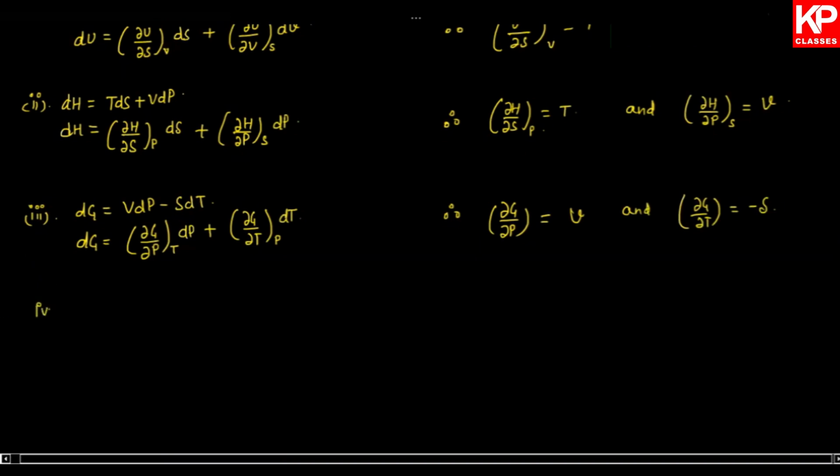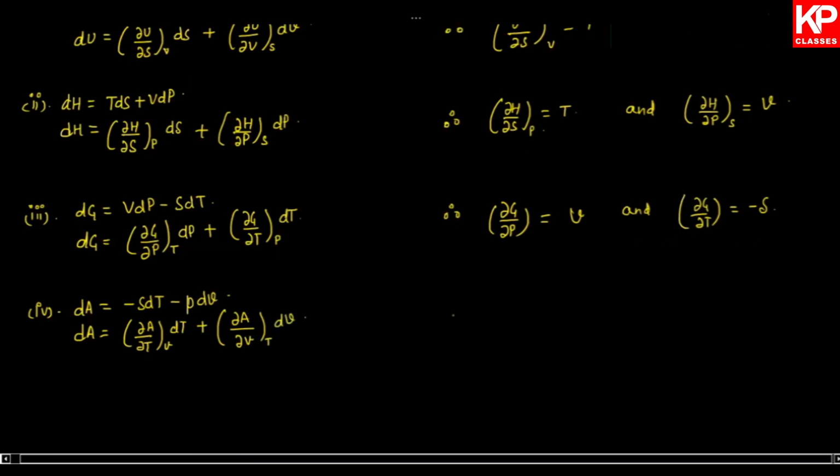Similarly, for the fourth expression, that is for the Helmholtz function, dA is equal to minus SdT minus PdV. You can also write this dA as ∂A/∂T at constant volume dT plus ∂A/∂V at constant temperature dV.